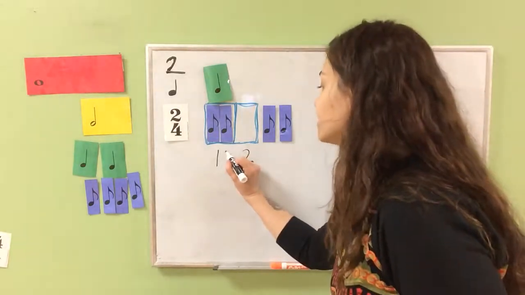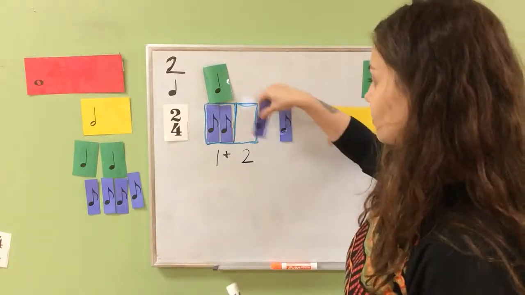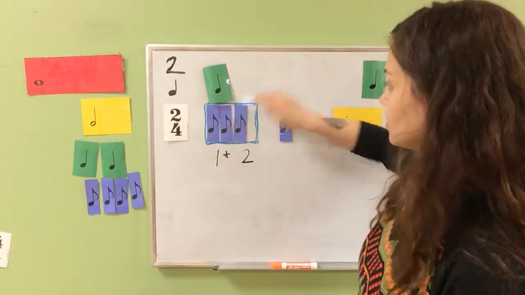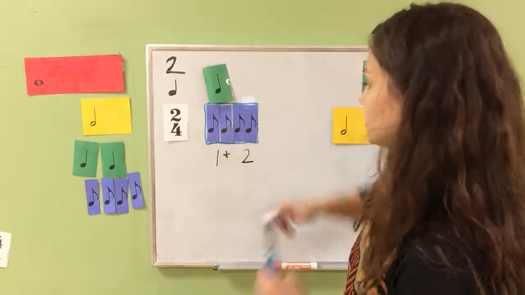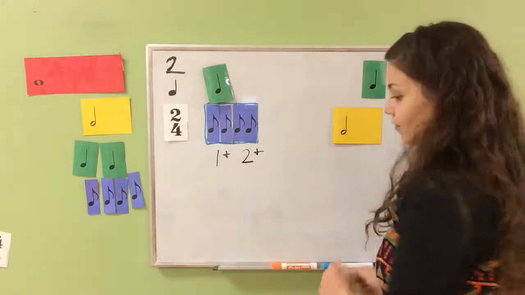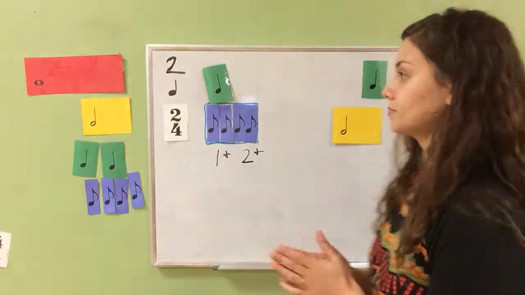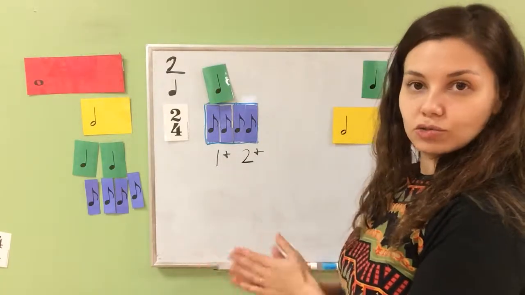So that's where the "and" comes into play. 1 and, and then if I add another 8th note, that's on beat 2, and then this fills in the rest of that second beat, 2 and. So if I clapped it, it would sound like this. 1 and 2 and.